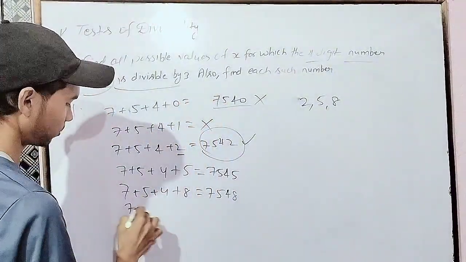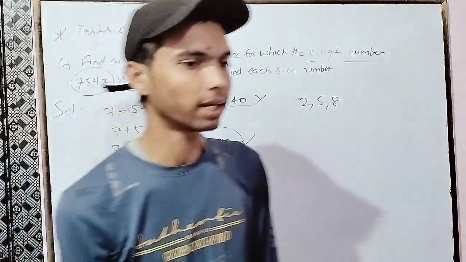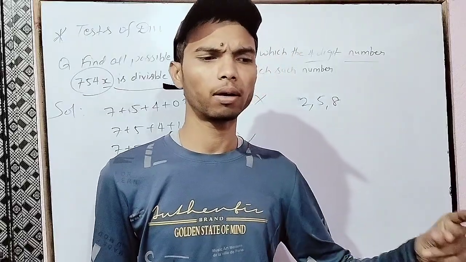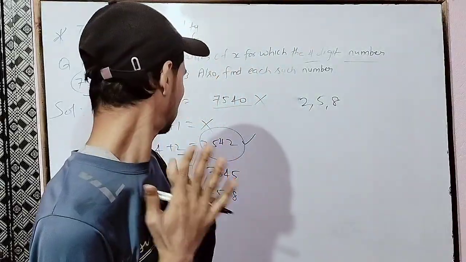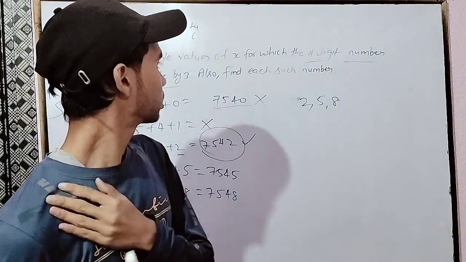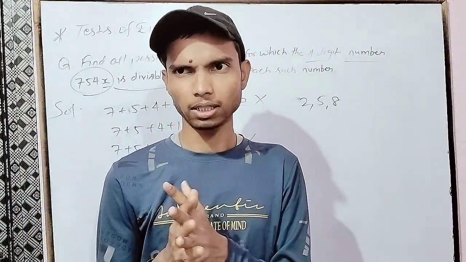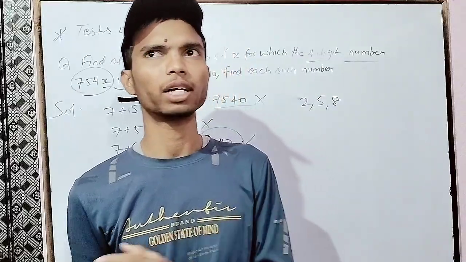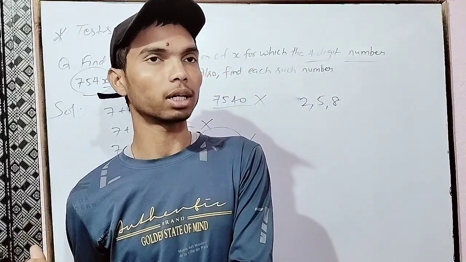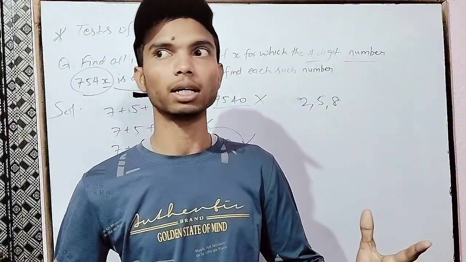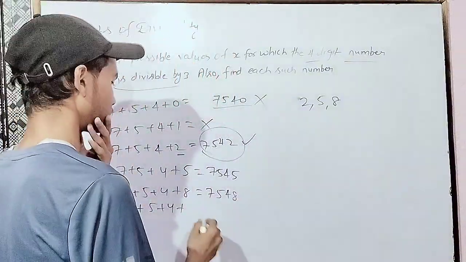One more. 9, 25. 10, 26. 10, 11, 27, and 12, 28. 27.